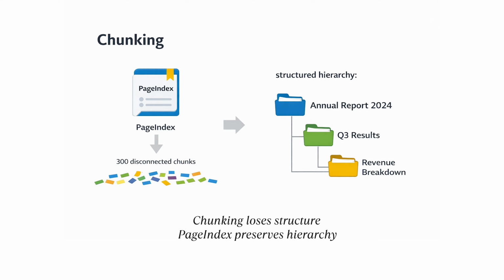You get maybe 300 chunks, each with zero awareness of whether it's from the executive summary or a footnote on page 47. The embedder treats them all equally. The PageIndex tree, on the other hand, knows that node 0012 is the revenue breakdown subsection under the Q3 financial results section under the annual report 2024. That structure awareness is enormously valuable when you're trying to find something specific.